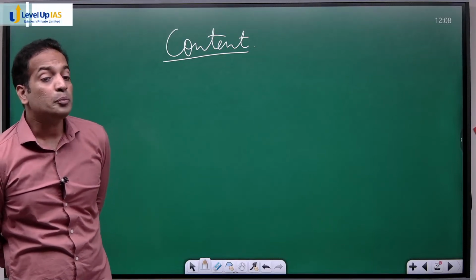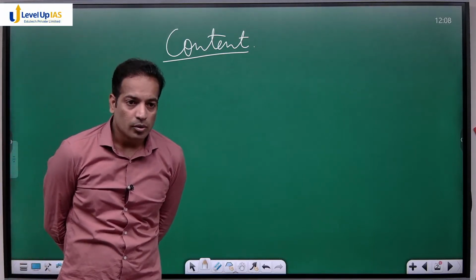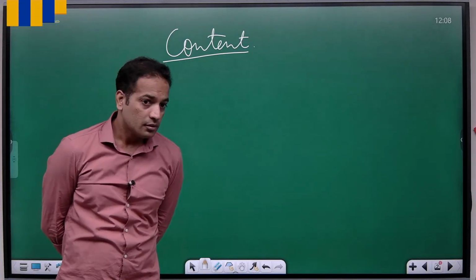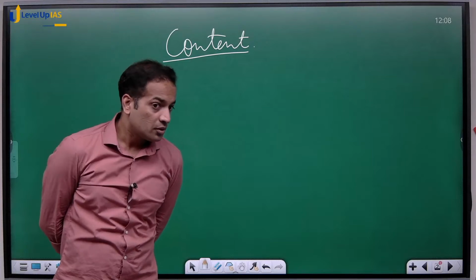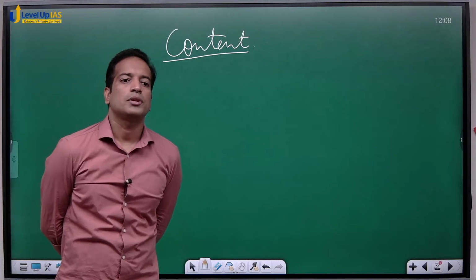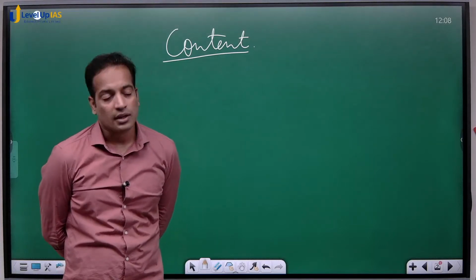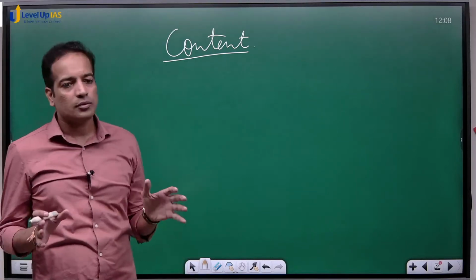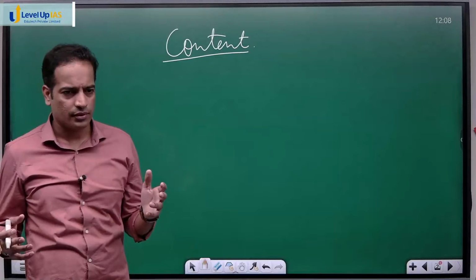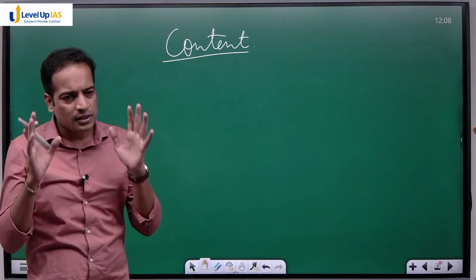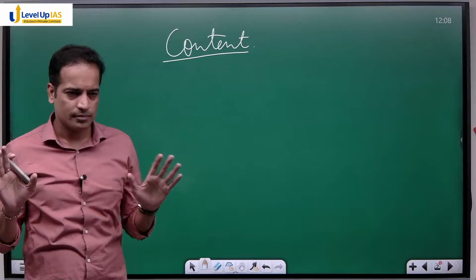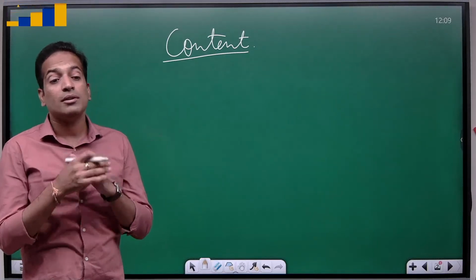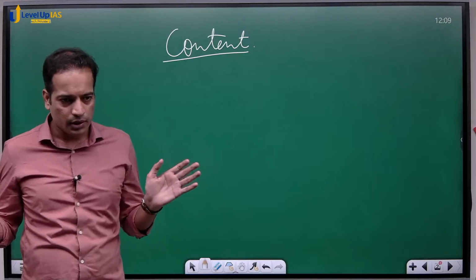Just a 2-page note on any specific topic is sufficient, because there you will have to put in your examination introduction, then conclusion, as well as the content that you have and various dimensions of it. So at the max 2 to 3 pages. Okay? And whatever your content is, try to keep it diversified.